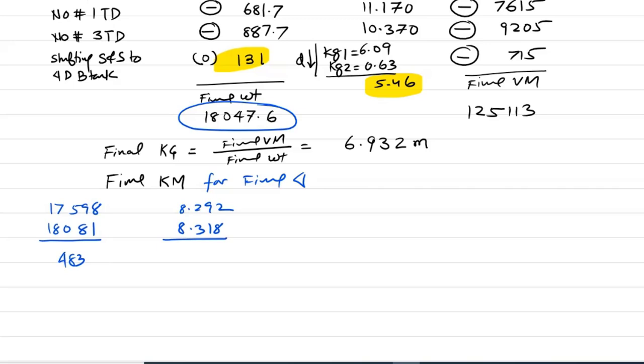How much are you getting? 0.026. Am I right? So 8.316. Are you able to find the final value? Yes. Okay, 8.316 for this weight. Let me also calculate the difference for 18047.6.